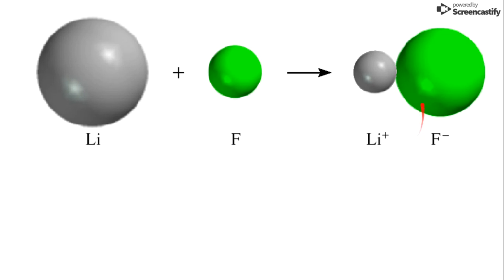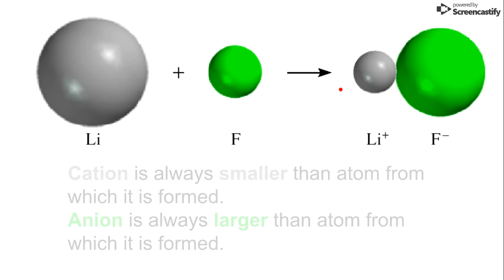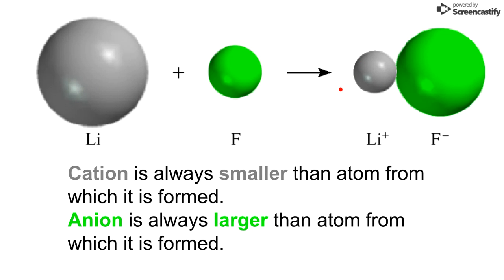And when they form ions, you can see the fluorine atom becomes a fluoride ion, and it becomes much larger. The lithium atom becomes a lithium ion and becomes much smaller. So in summary, we can say that a cation, or a positively charged ion, is always smaller than the atom from which it came, and an anion is always larger than the atom from which it is formed.